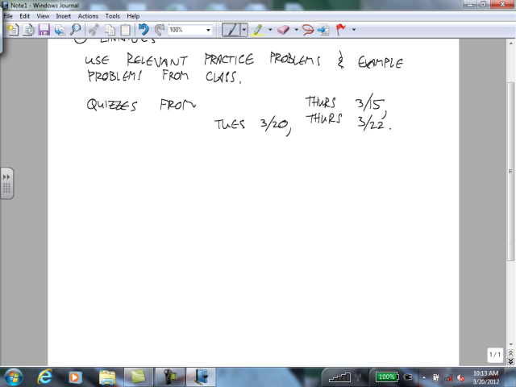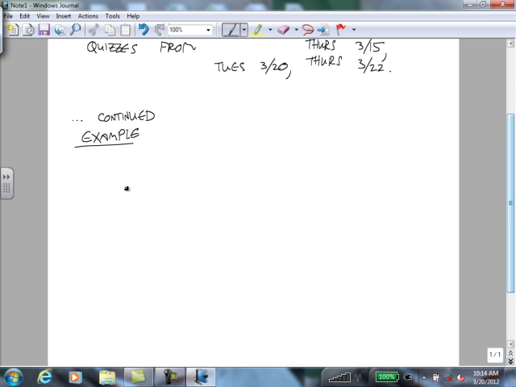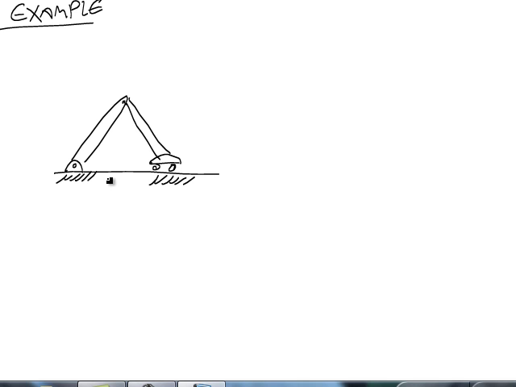So last time, we were doing an example problem, a linkage that looked like this, where this was all an equilateral triangle.